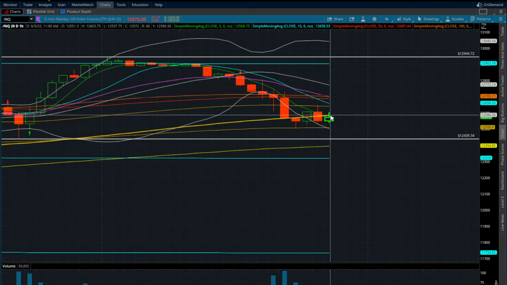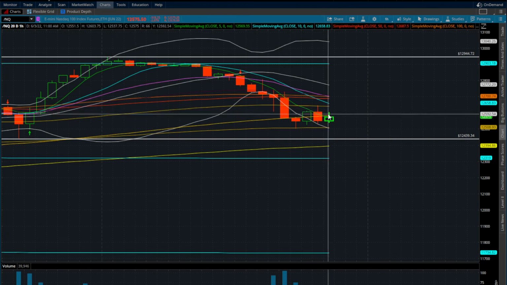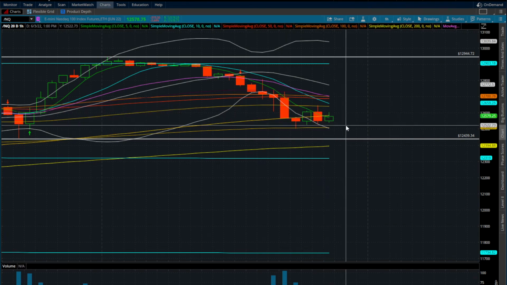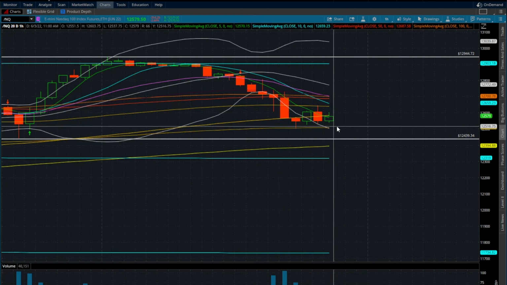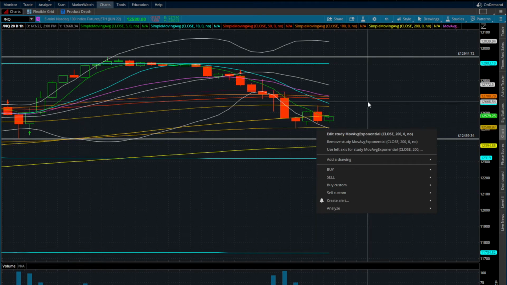This is where you're going to want to get long, on the confirmation going above these levels into the next area of supply. If we quickly crack above it, stall around, lose this level again, lose the 5-day moving average, then our maximum potential is the previous bounce spot, which was the 200 EMA.